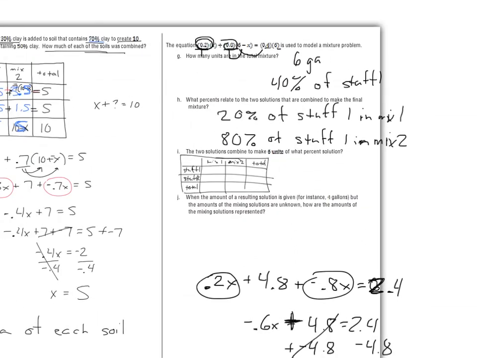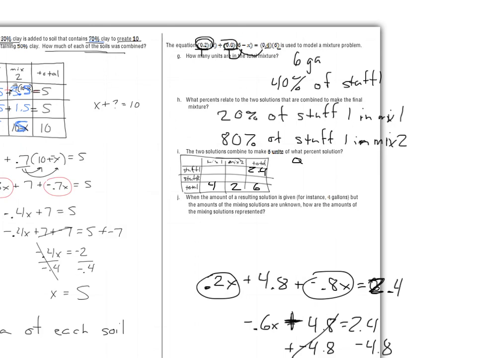It tells me that mix 1 is 4. That means mix 2 is going to be 2. We know that stuff 1 is 2.4 in the total. The two solutions make 6 units of what percent solution? So this is going to be 2.4 of the 6.